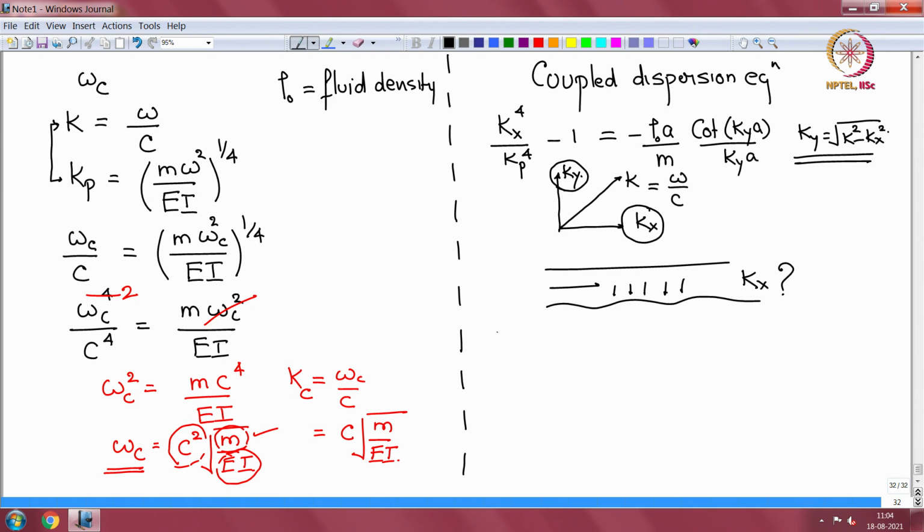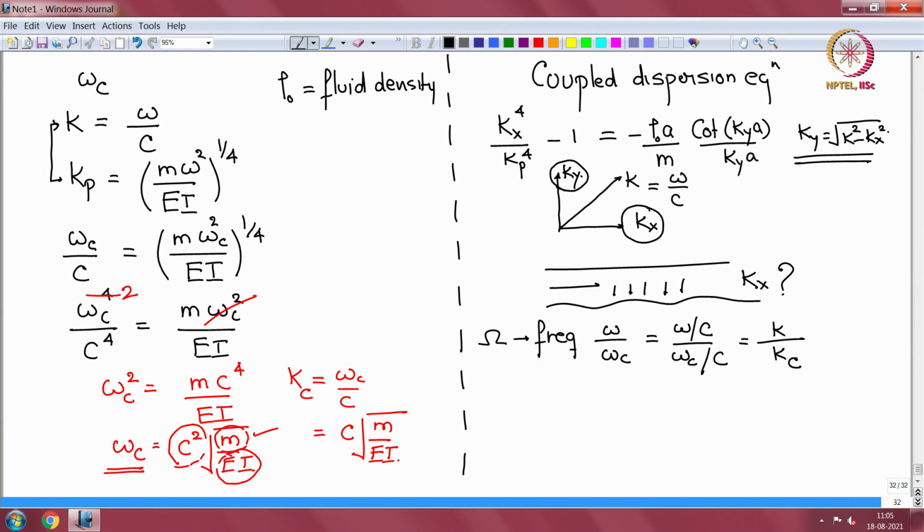And the non-dimensional parameters: I said omega, the non-dimensional frequency, is going to be omega divided by omega c, the coincidence frequency. So, this also means that it is omega by c divided by omega c by c. Omega by c is the acoustic wave number, omega c by c is the coincidence wave number.